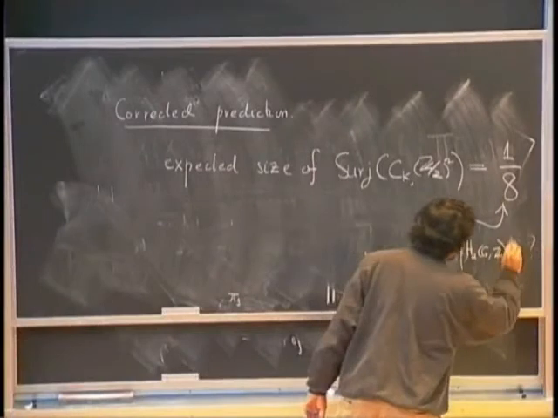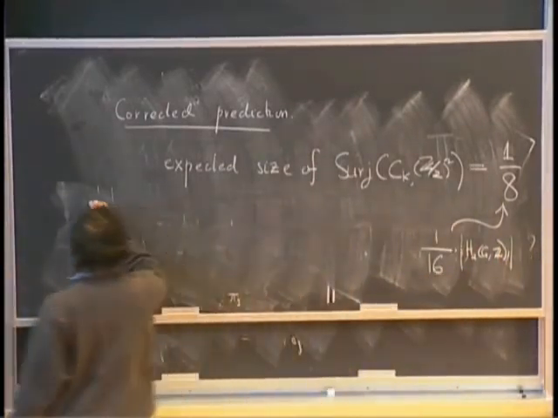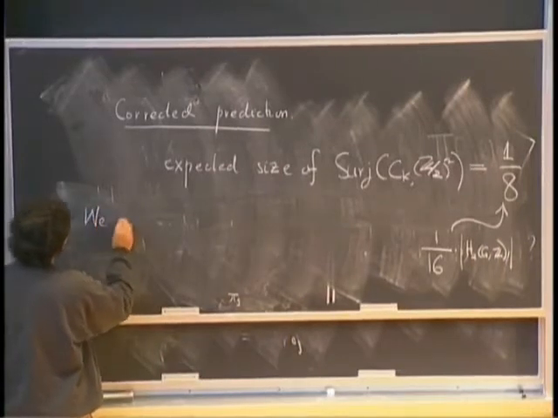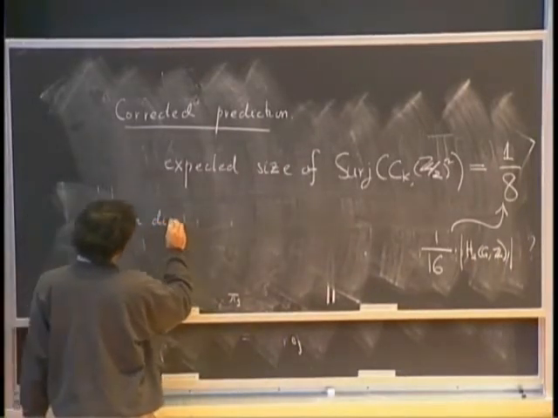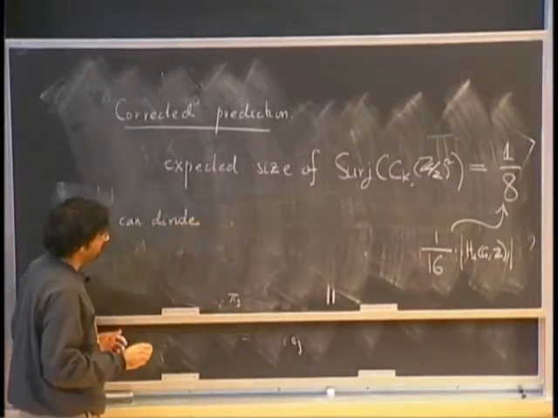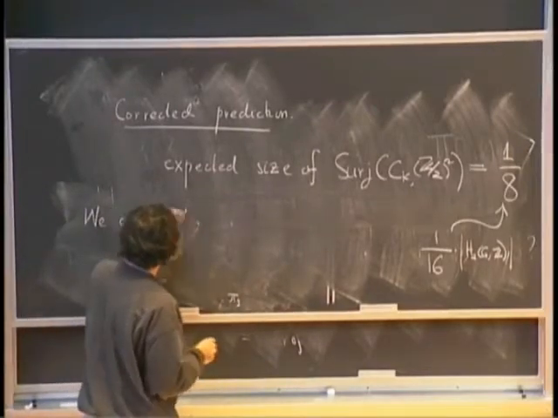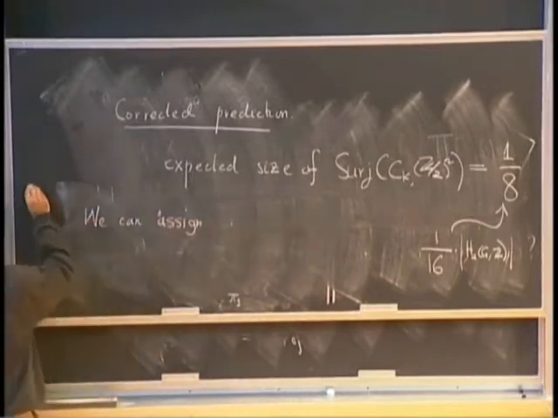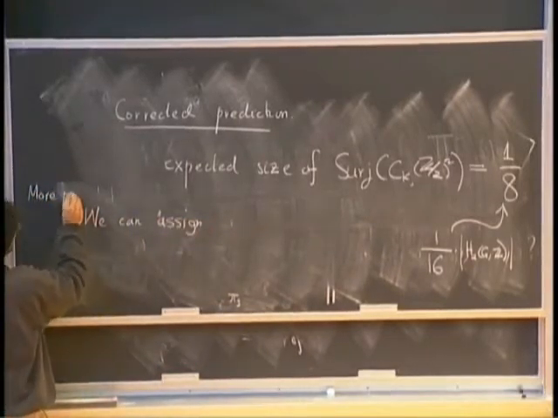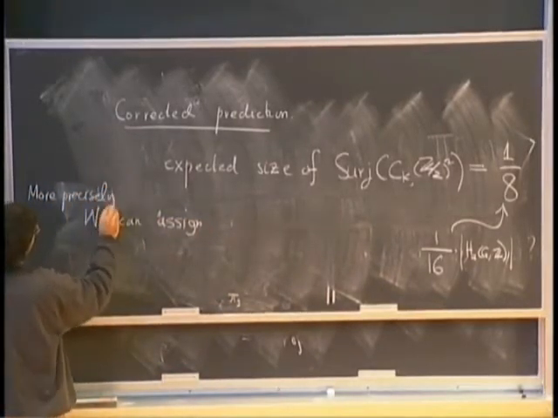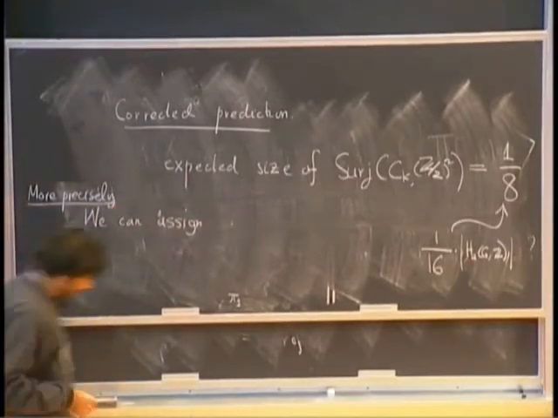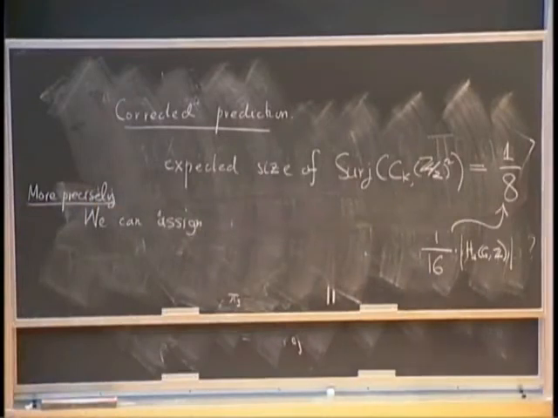And now I want to refine this. Even more precisely, we can divide. I want to do something analogous to dividing the topological covers in the complex case into topological types.